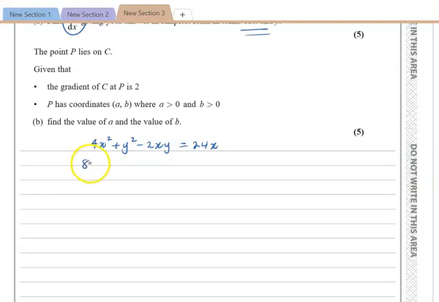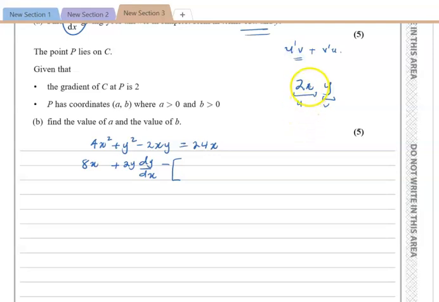So here you have the derivative as 8x plus the derivative here as 2y dy/dx, and over here I always want to factorize the negative outside. Look at this as a product rule. So this is 2y, and you're looking at it as this is your u, and then this is your v. Remember the product rule: the derivative of u multiplied by v plus the derivative of v multiplied by u.